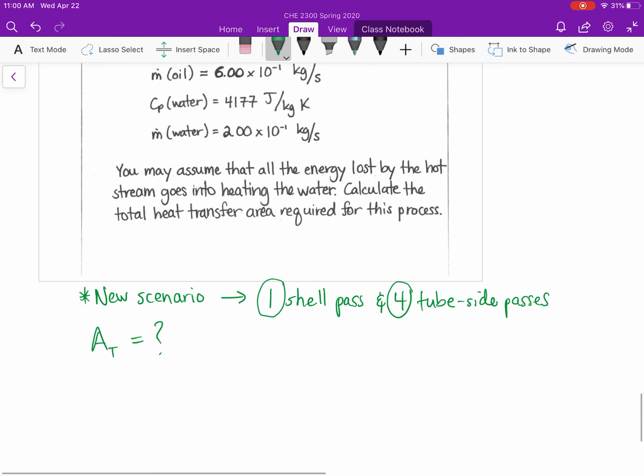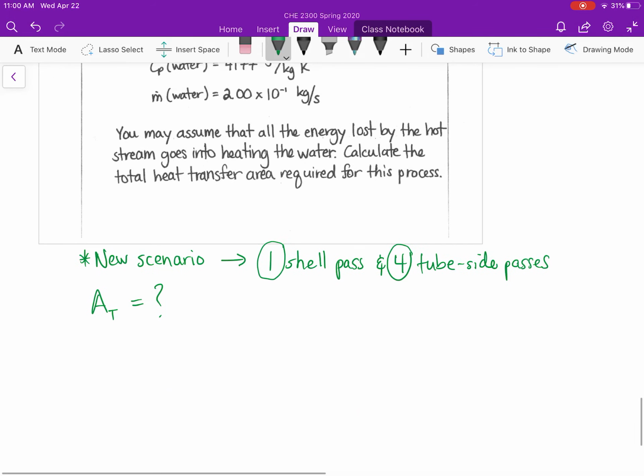Okay, so the first thing we're going to do is calculate Z and eta sub h. So here again, Z equals the temperature of the hot stream entering minus the temperature of the hot stream leaving, divided by the temperature of the cold stream leaving minus the temperature of the cold stream entering the heat exchanger.